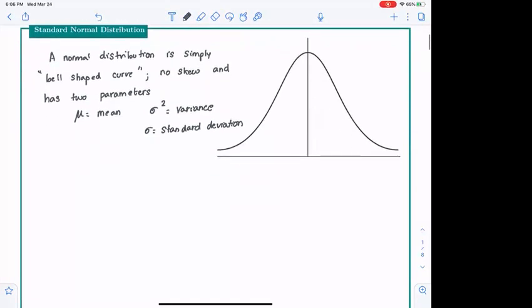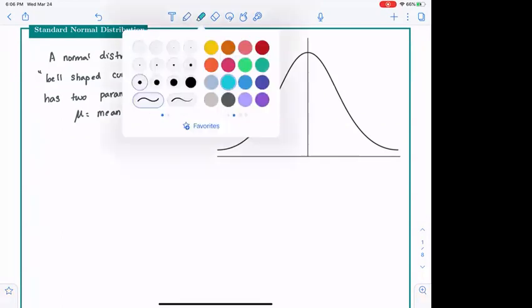If we are talking about a normal distribution that is obtained from a sample, we denote the mean by x bar and the standard deviation by s. So this is the population case.